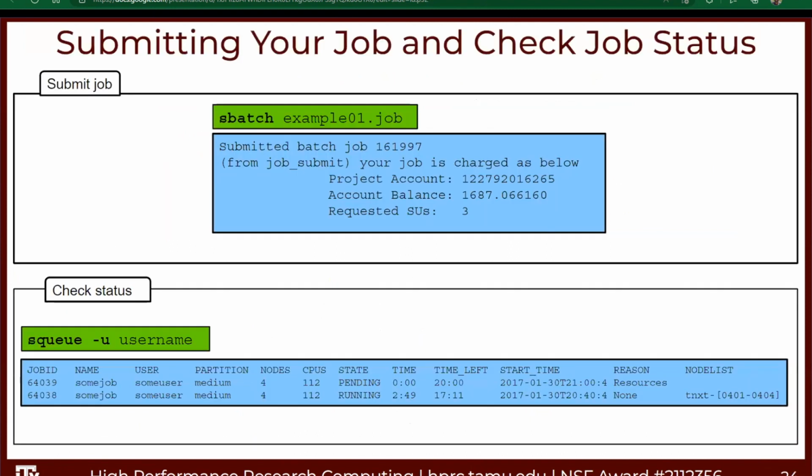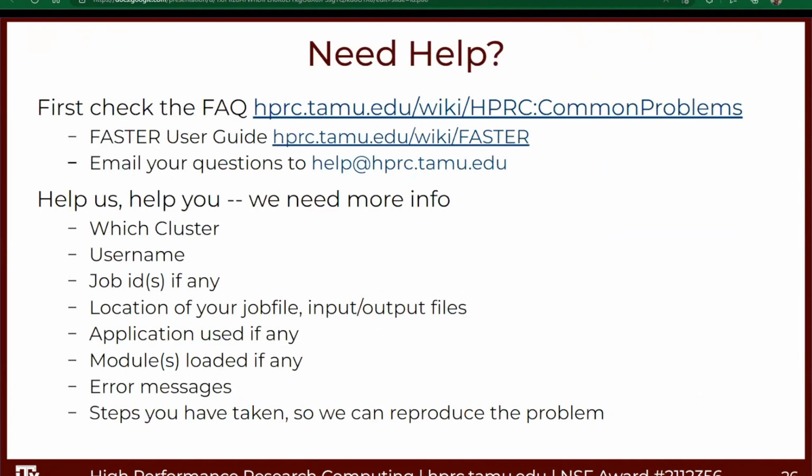We'll come back to this. Before we close, I just want to let you know about these things. If you are facing any issues or if you would like to know any information, the HPRC wiki is the first place that you would go to. Most of the common problems are listed out there, and there is a user guide for you to see how to run these jobs. And if you face some issues, you can send us an email, and we would respond.